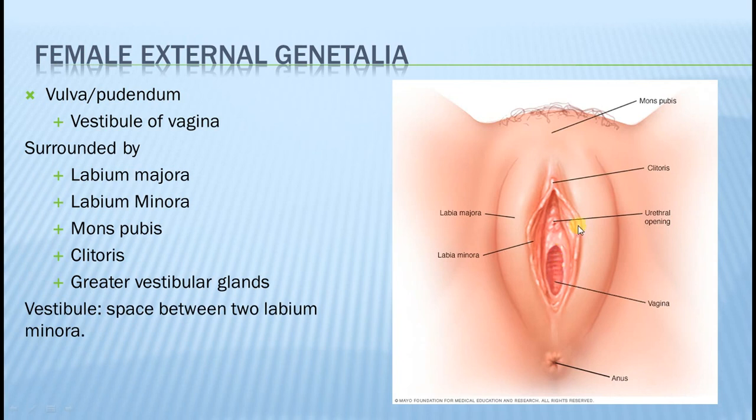The vestibule is mainly the space between the two labia minora. These are the labia minora folds. The vestibule consists of the vaginal orifice posteriorly and the urethral orifice anteriorly.